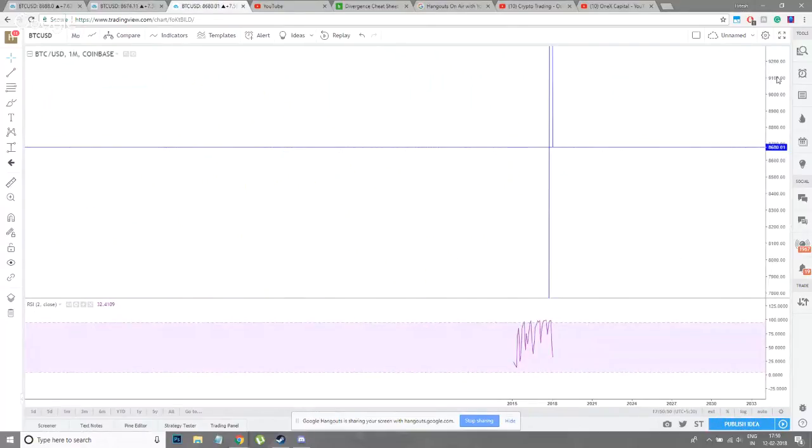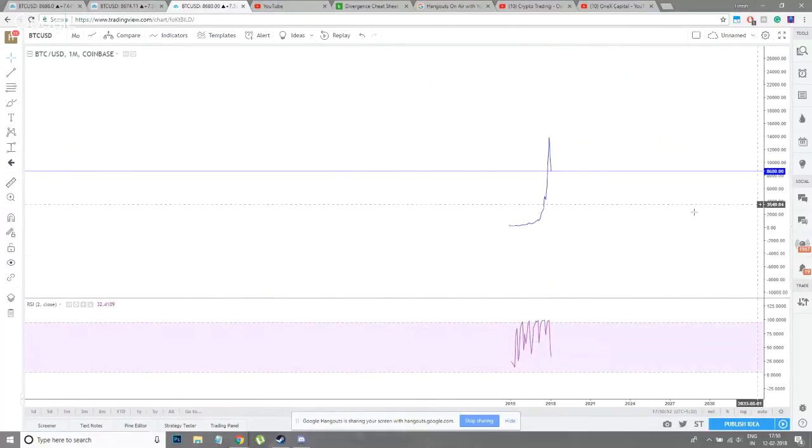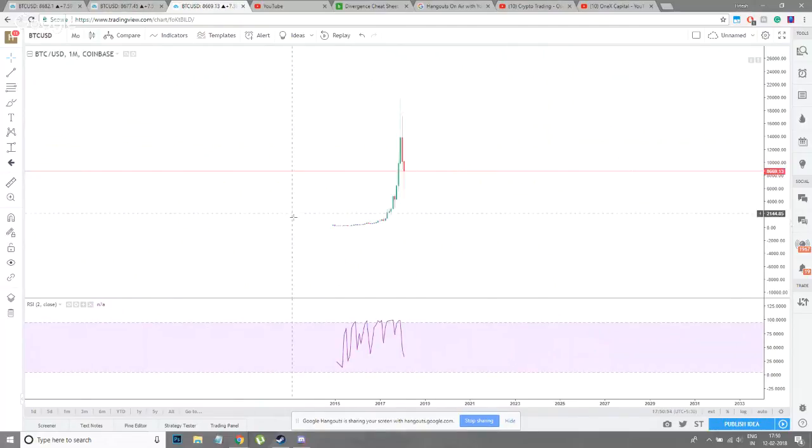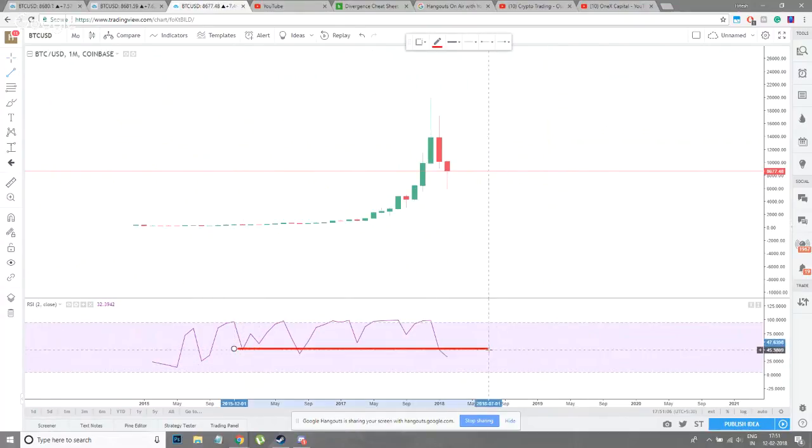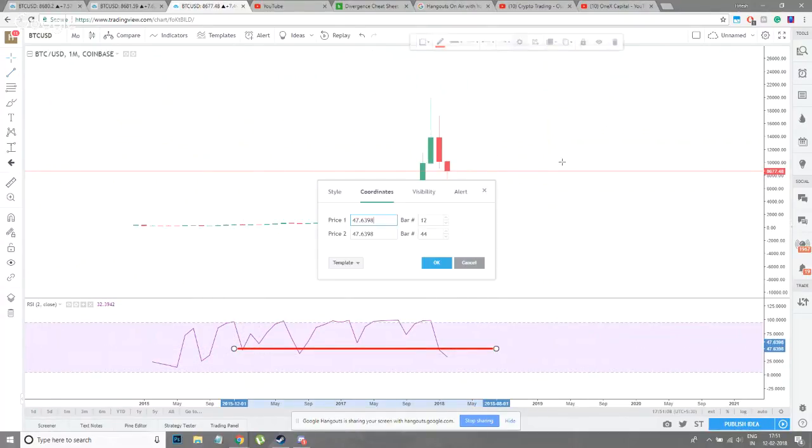So this is the monthly chart. And I'll have to switch to candles for this for maximum effect. There's something that you need to keep in mind for the RSI, that there is one line here that you need to take care of. That's the 50 line, right?